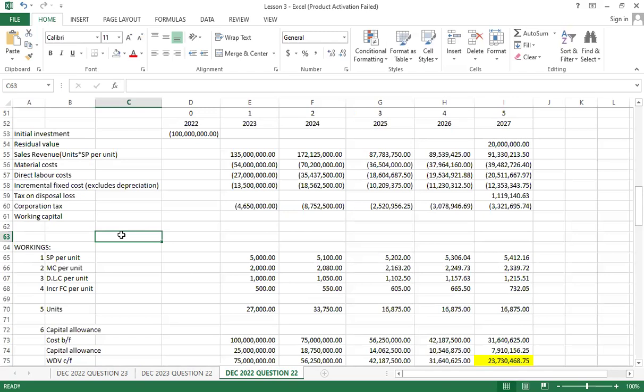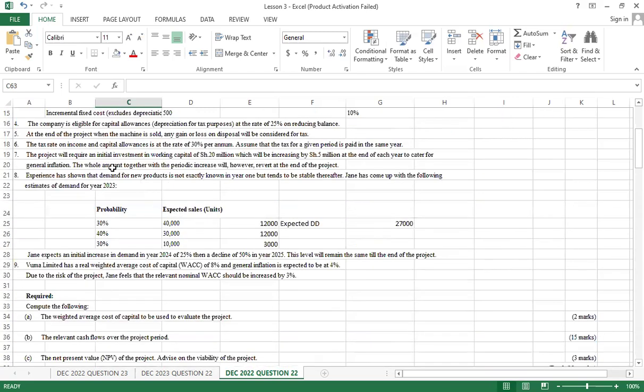That note says that the project will require an initial investment in working capital of 20 million.